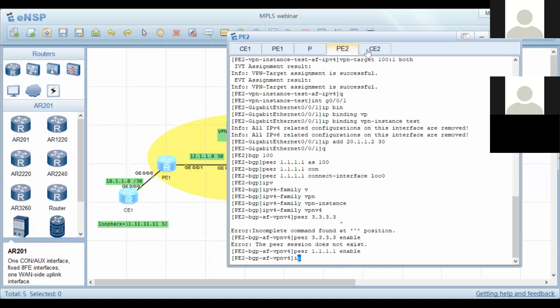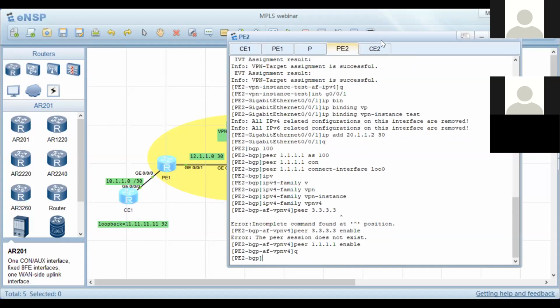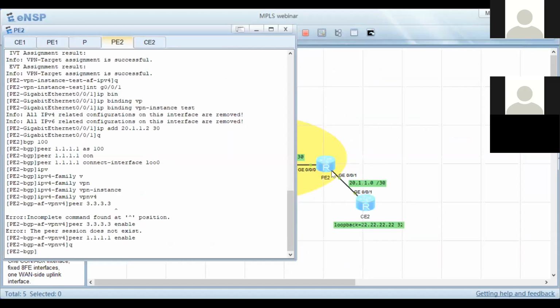And also we'll do the peering of the BGP with this one, which is found on the BGP 65001.